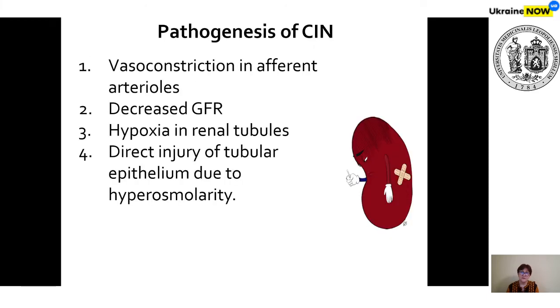In the pathogenesis of contrast-induced nephropathy, the main role is played by vasoconstriction in afferent arterioles, decreased glomerular filtration rate, hypoxia in renal tubules, and direct injury of tubular epithelium due to hyperosmolarity of X-ray contrasts.